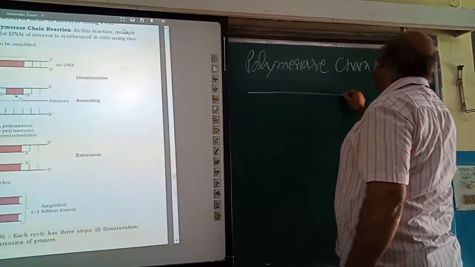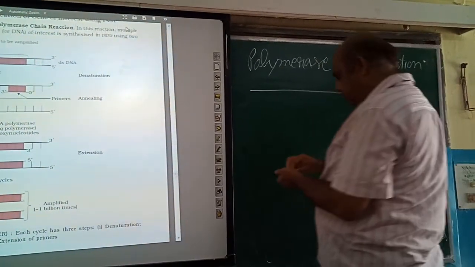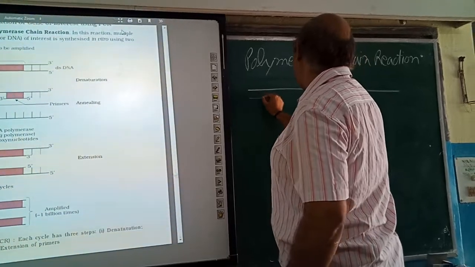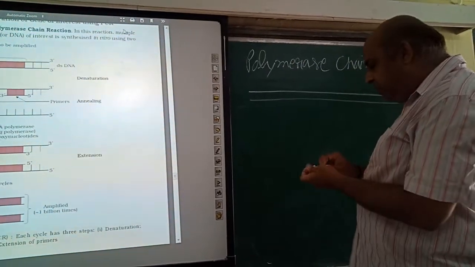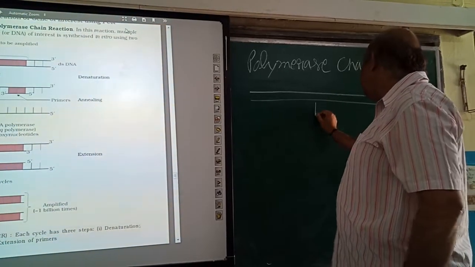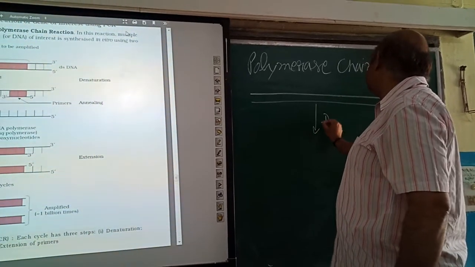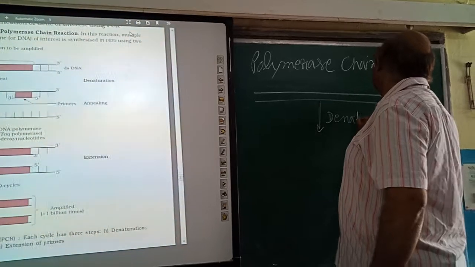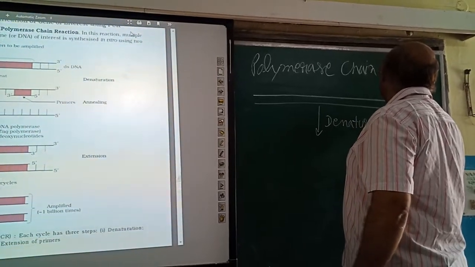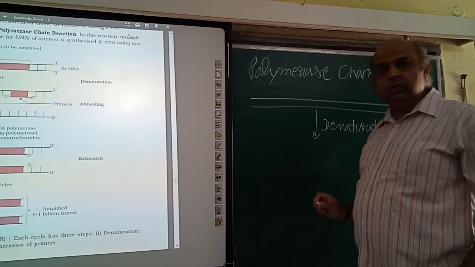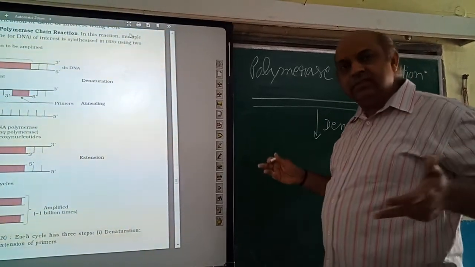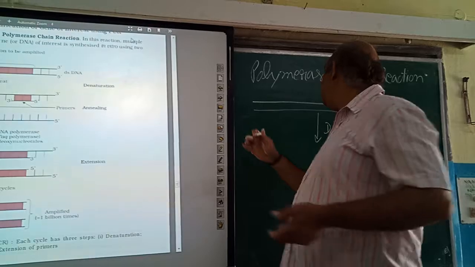This is the DNA segment of interest, and these are its 2 strands. The first step is denaturation, and here is the denaturation. Denaturation requires high temperature, more than 70 degrees Celsius.